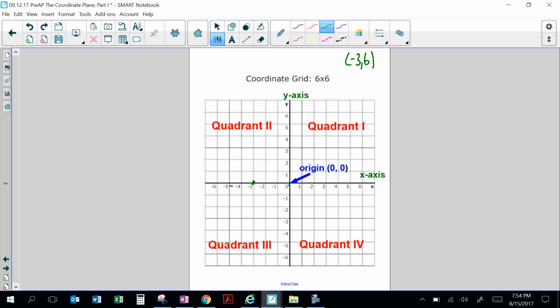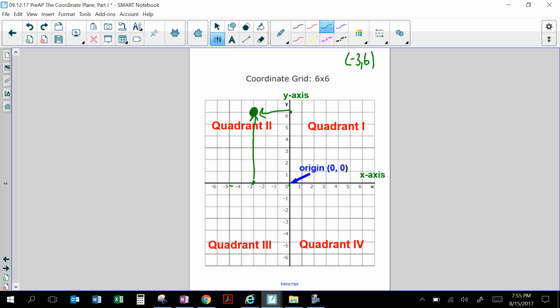The second number represents the y-axis. On this y-axis, where do you see 6? I see it above 0. So it's right here. If we put these two arrows together, we have a point right here. Sometimes we label that point with a letter A, B, C, depending on what they ask us to label it.